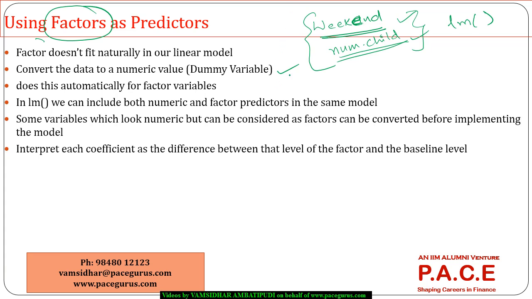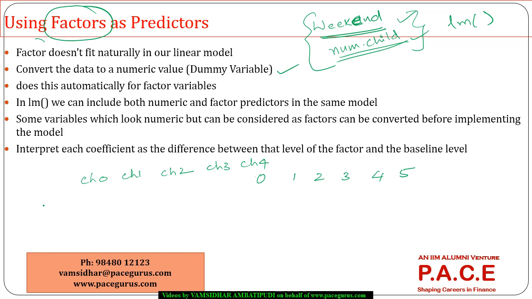Let's say I have number of children as 0, 1, 2, 3, 4, 5. It will create variables: children 0, children 1, children 2, children 3, children 4.